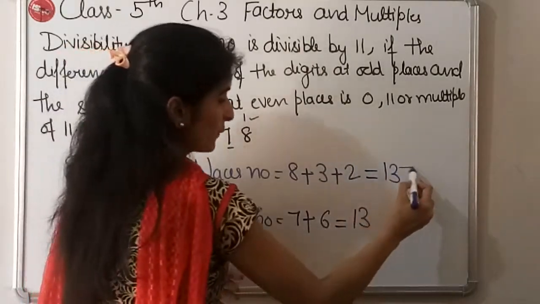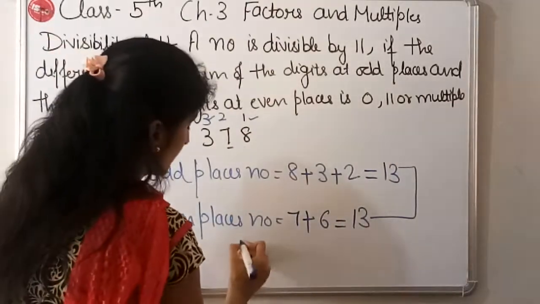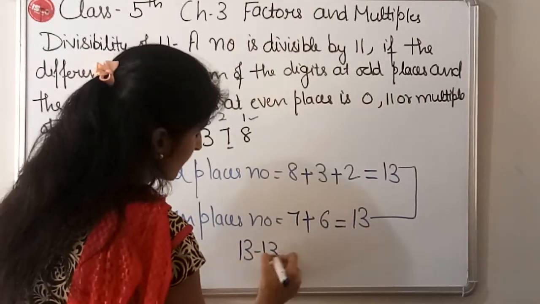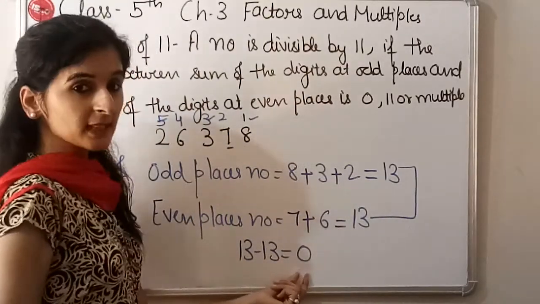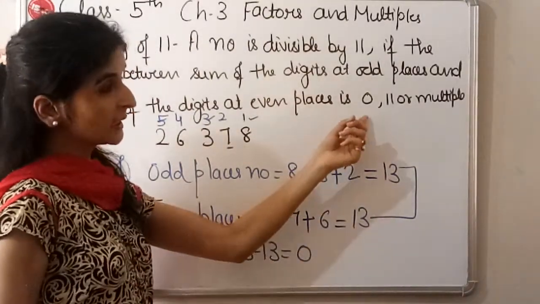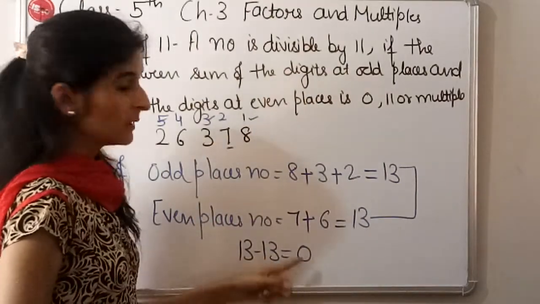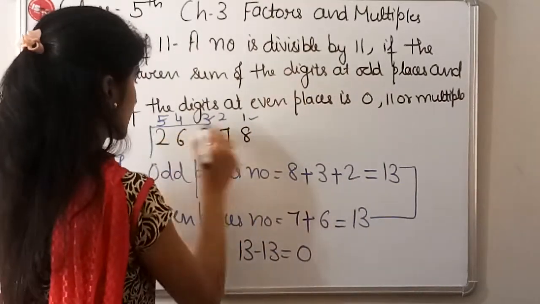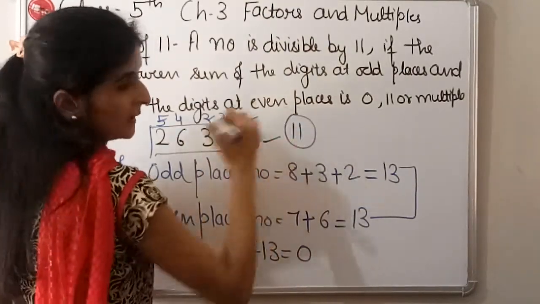Now we have to find out the difference of these two numbers. So 13 minus 13 is equal to 0. So if the difference is either 0, 11 or a multiple of 11, then this number 26378 will be divisible by 11.